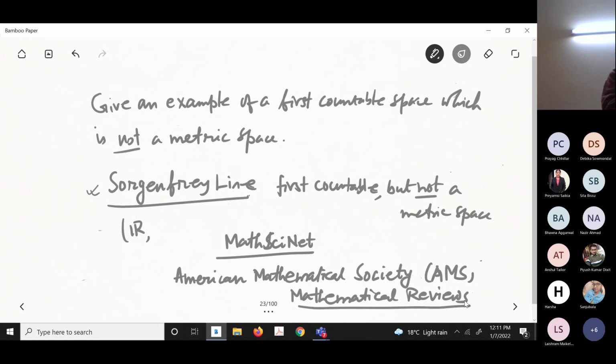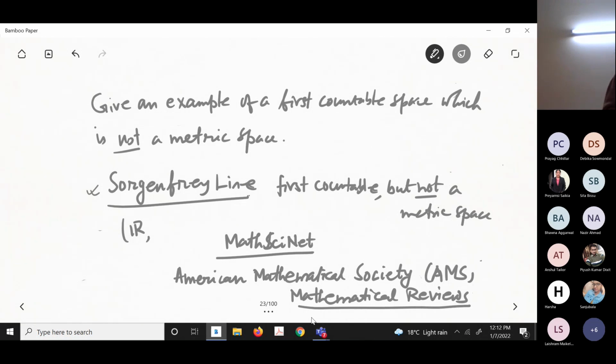Mathematical Reviews basically list all the publications in mathematics, statistics, mathematical physics, and also theoretical computer science. And they review published articles, not unpublished ones. Almost every published article in these areas is covered.